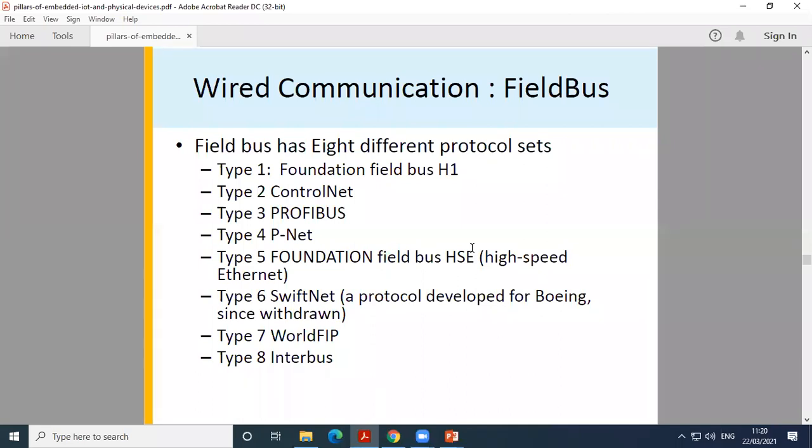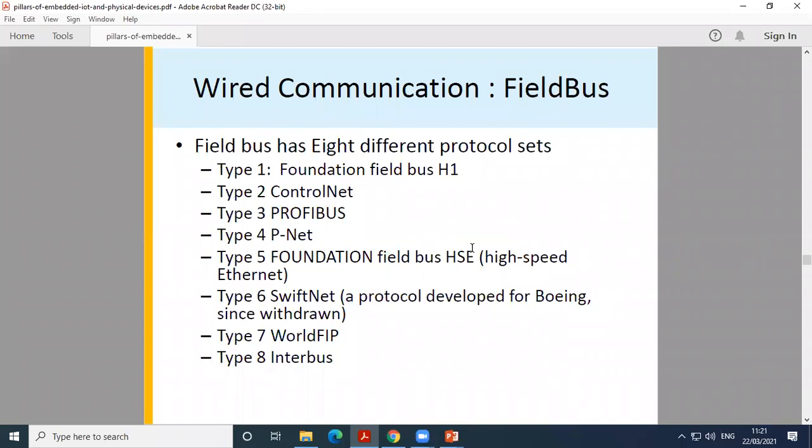Most of these types use twisted pair cable or fiber as the physical communication media. Why? Because this is wired communication. They use network topologies like Profibus star, that is Foundation Fieldbus, type 1 and type 3.